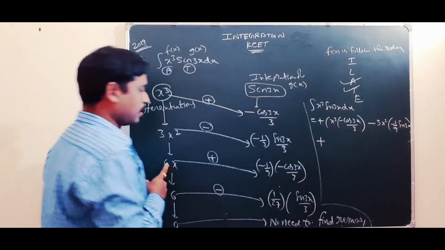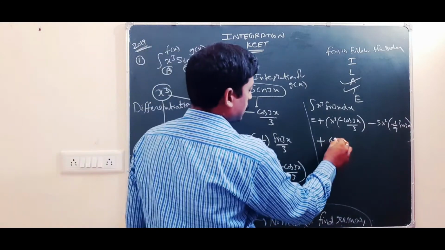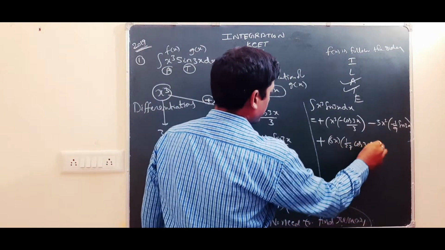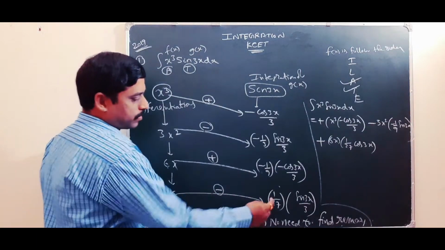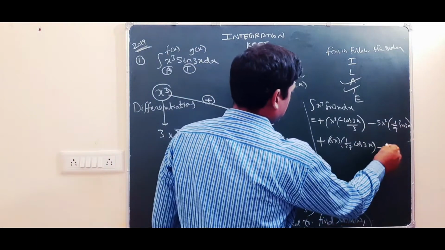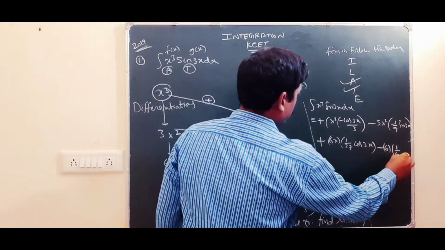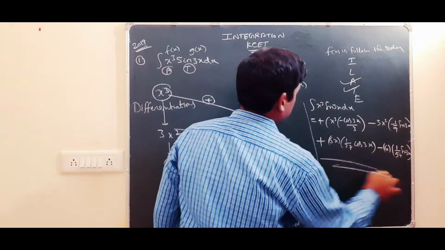Plus 6x into 1 by 27 cos 3x. Next, minus 6 times 1 by 54 sin 3x. So this is the answer.